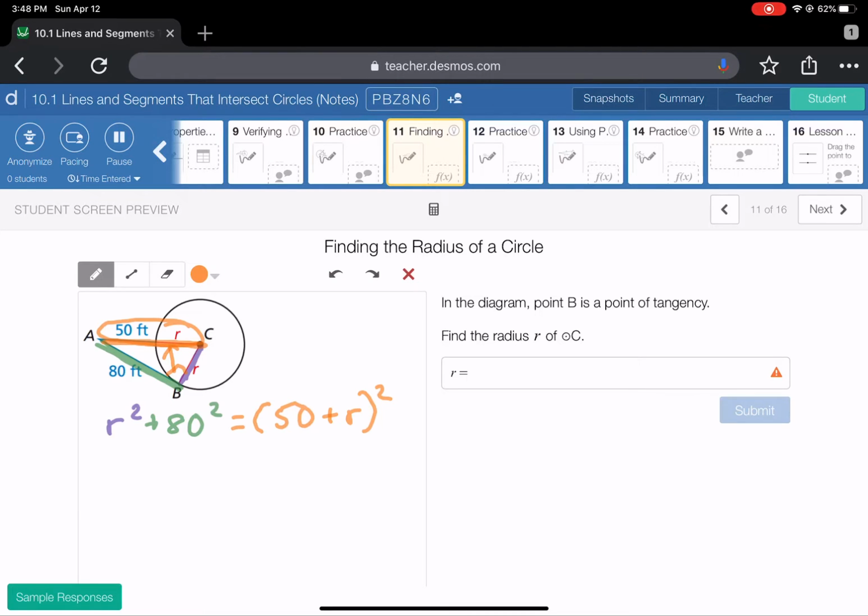All right, then what we're going to do here is simplify this. If we think back to our chapter with quadratics, we're going to do r plus 50 times r plus 50.